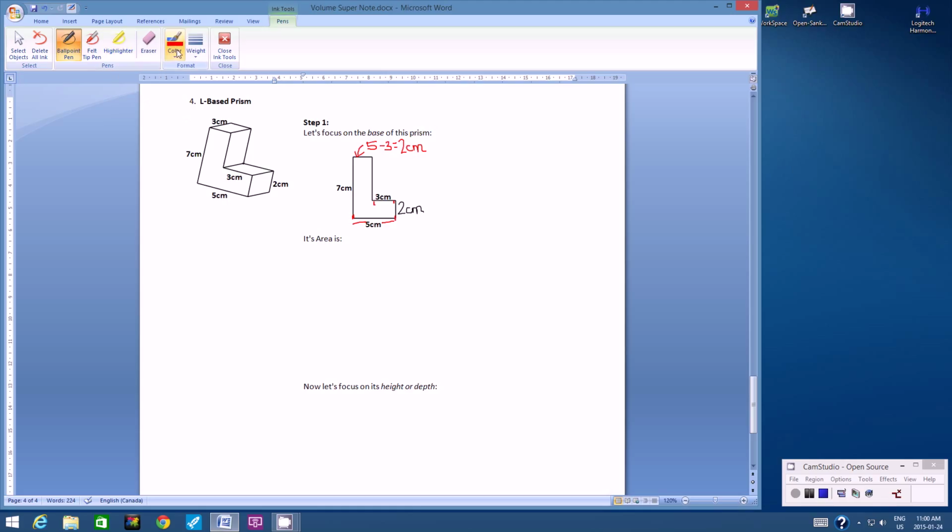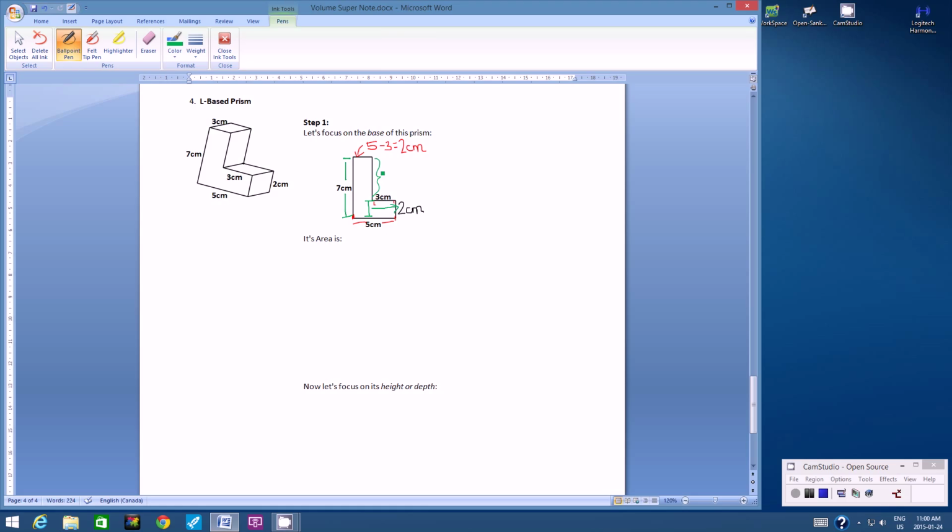Using that strategy, let's solve for the other missing length, this one right here. We know that the distance from here to here is 7 centimeters. We know that the distance from here to here is 2 centimeters.